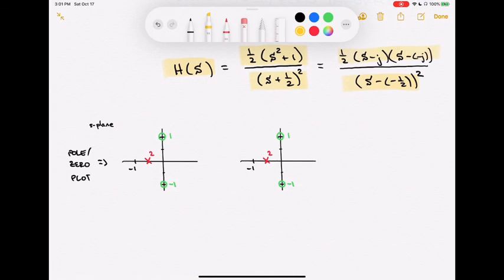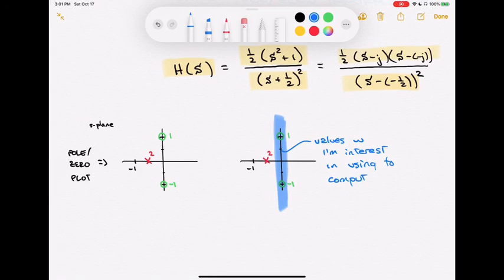Think about what frequency response means. Frequency response means that I pick a value of frequency omega that's on that omega axis, right? And so I'm going to run a value omega back and forth or all over that axis, right? So that blue line reflects the different values omega I'm interested in using, right, to compute both my magnitude response, magnitude H of j omega, and my phase response, angle H of j omega.